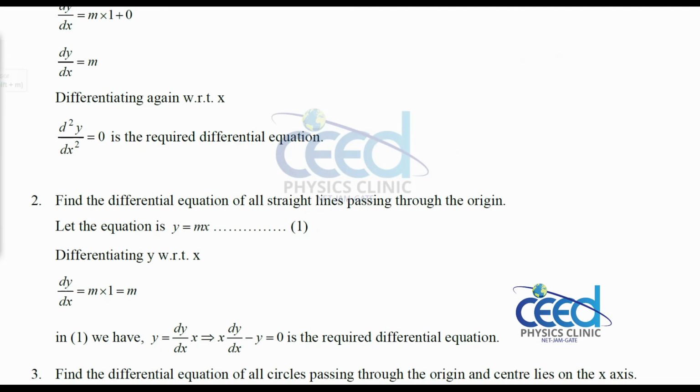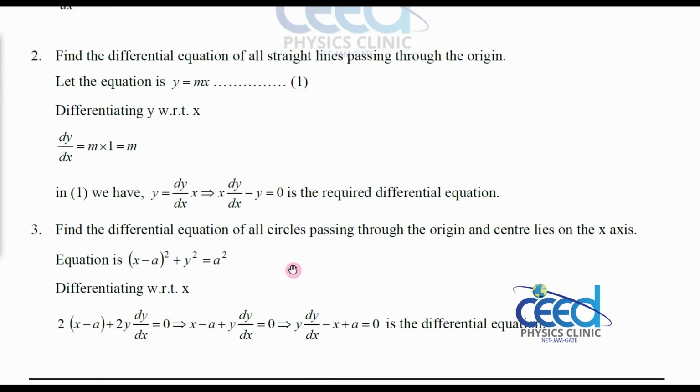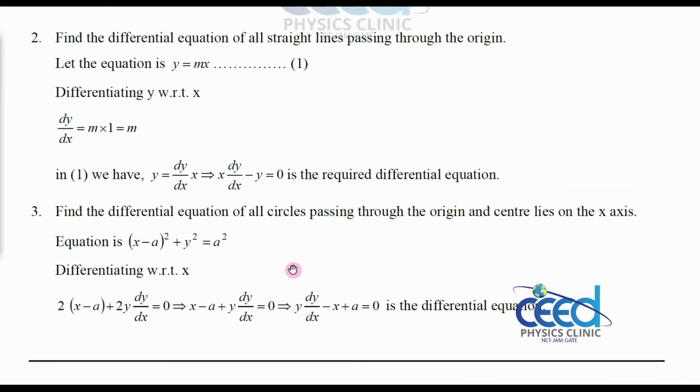Now to find another differential equation, we have this problem: find the differential equation of all circles passing through the origin whose center lies on the x-axis. What is the equation of a circle whose center lies on the x-axis? Suppose you have a circle like this.